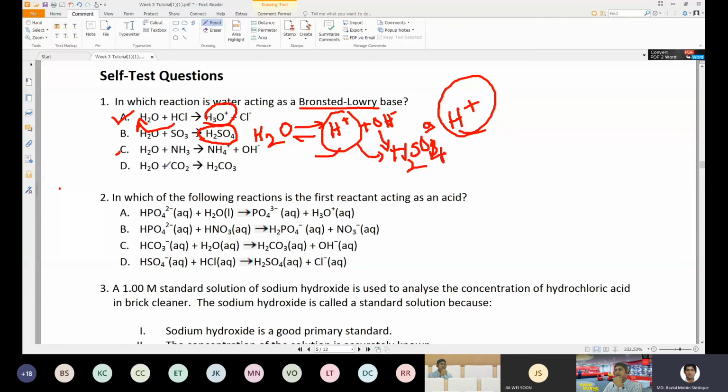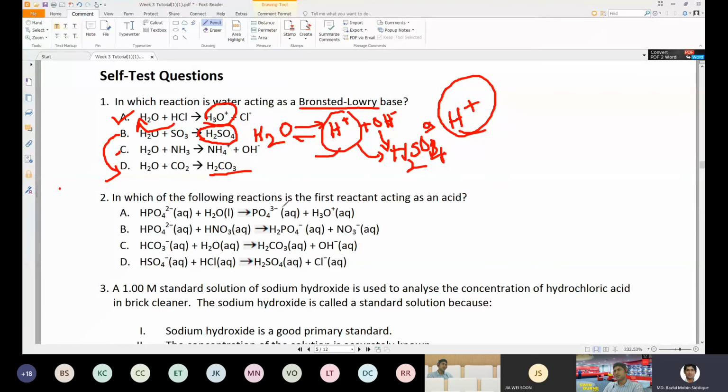D and B have a similar mechanism going on, and here also at the end it is producing H2CO3, that is the bicarbonic acid, carbonic acid, sorry.